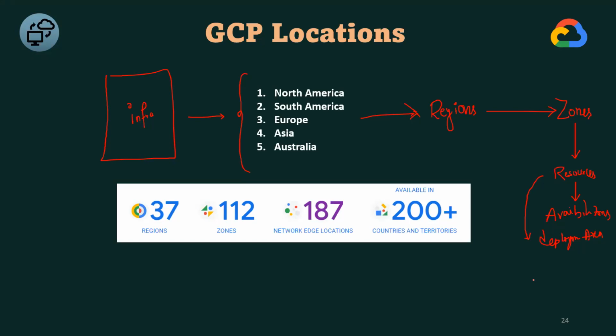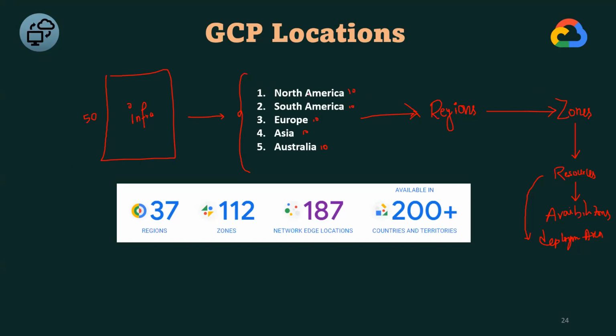Okay, so when you have an infrastructure, it will be divided into multiple locations. For example, if you have 50 infrastructure, it will be 10 here, 10 here, 10 here, 10 here, 10 here. If you take one of the locations, that location will have plenty of regions. That region will have plenty of zones.